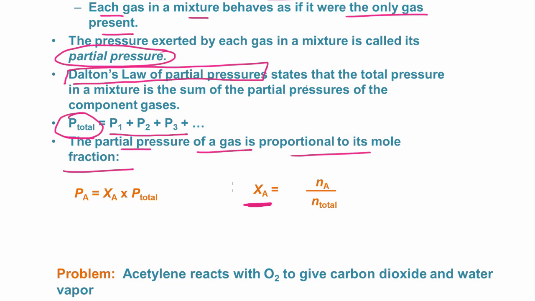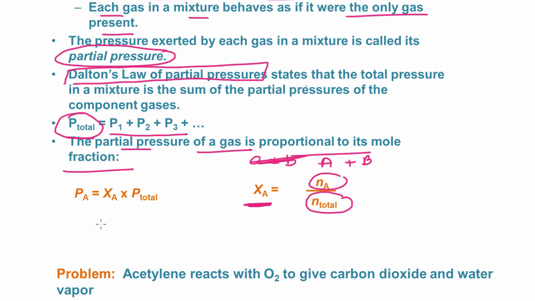Let's say I have a mixture that is composed of A plus B gas particles. A mole fraction is the number of moles of one component over the total number of moles in the mixture.